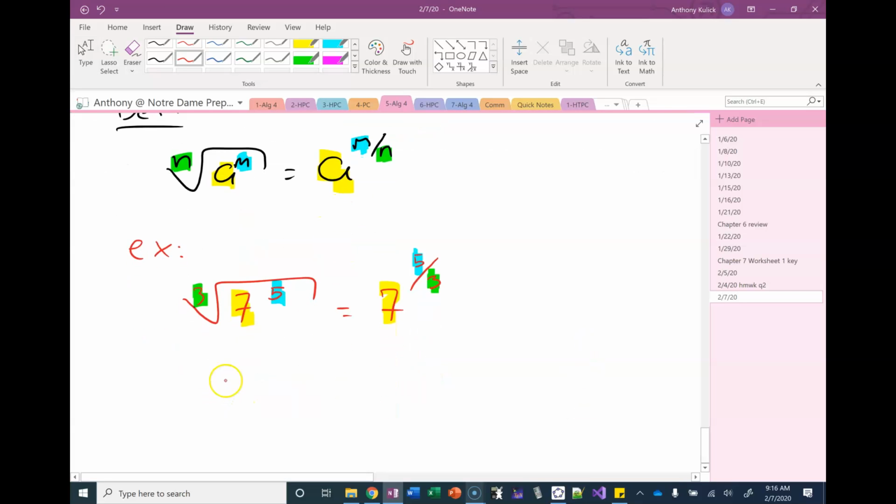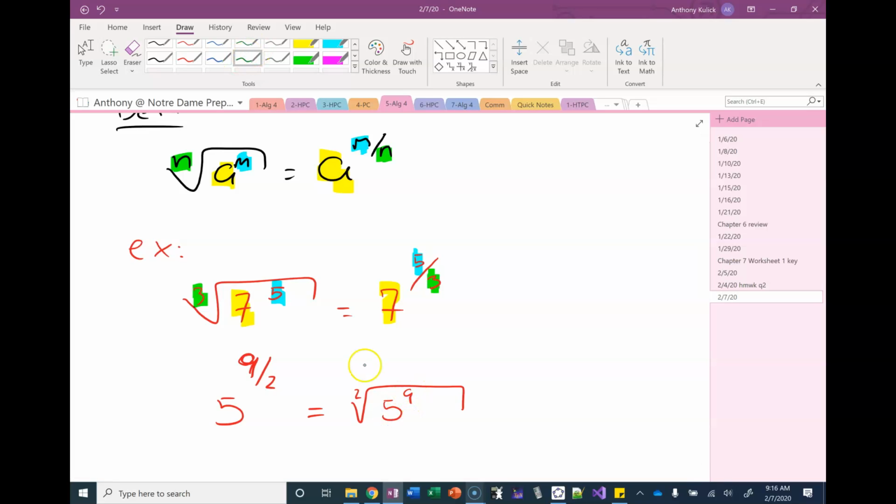We can go the other direction as well. So maybe I have 5 to the 9/2. How can I rewrite that as a radical? Good.